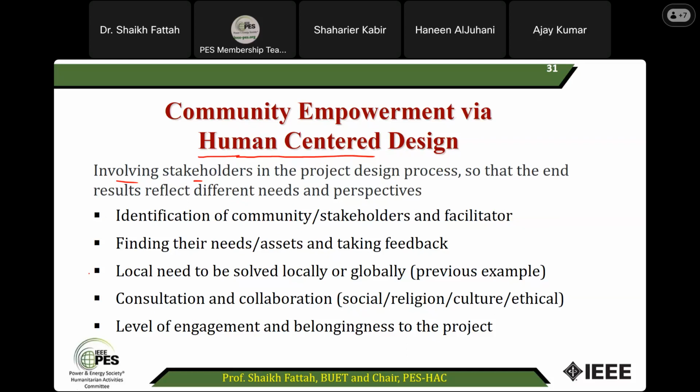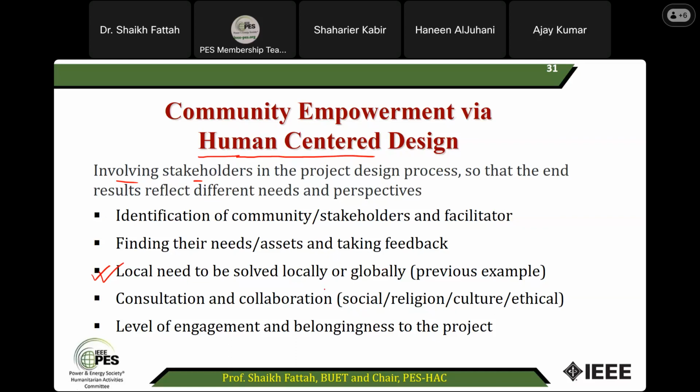The phrase I like is, local needs should be solved locally or globally. But local needs can best be solved locally, incorporating global solutions.